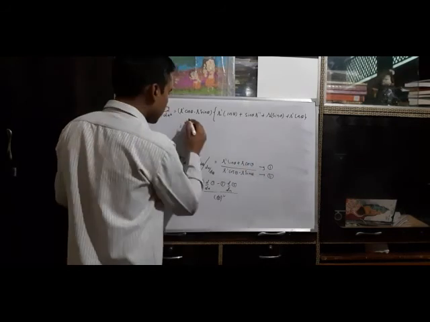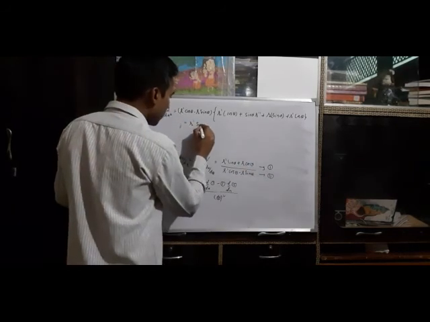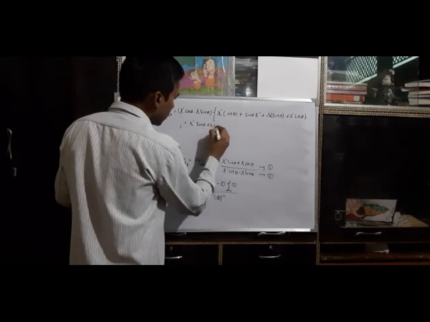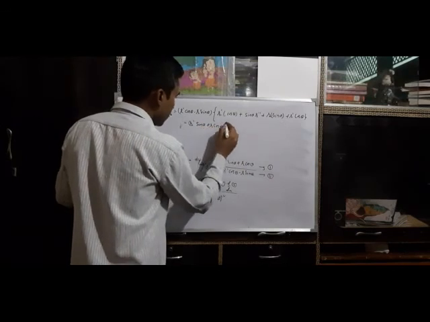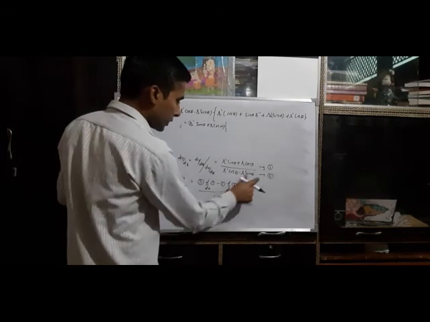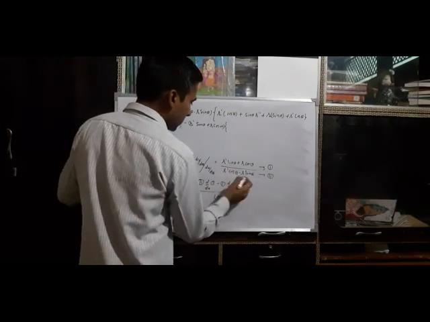First means this r prime sin theta plus r cos theta, and the derivative of second one, that means this function.